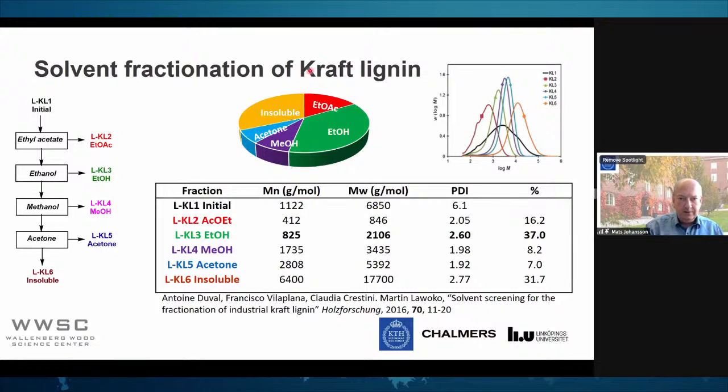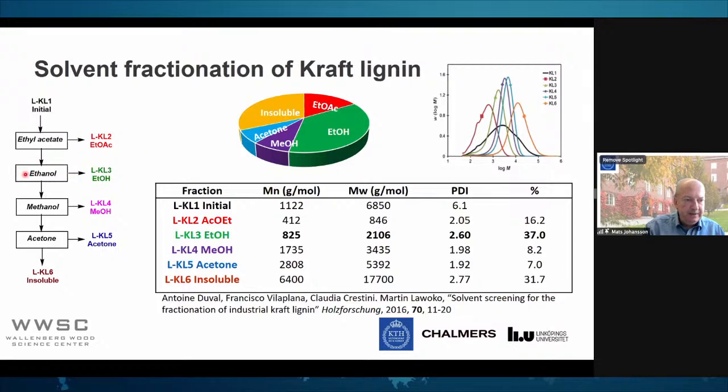So starting with this solvent fractionation that was developed by Duval, Lawoko, Crestini, and others, we can take this Kraft lignin, a technical lignin, solvent fractionate it and get a series of different lignin fractions with increasing molecular weights. We get more narrow molecular weight distributions. So what you do is you take the Kraft lignin, you solubilize what you can in ethyl acetate, and then take that fraction apart.